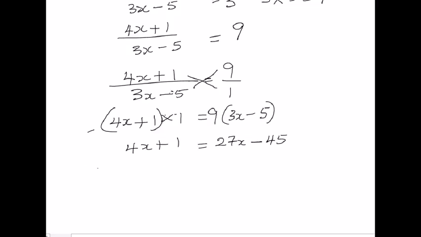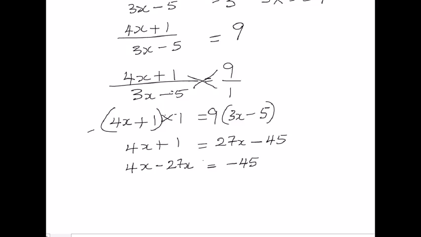Then the next thing is to collect the like terms. We have 4x. This is 27x. It will now cross the equal sign. It's plus here, it will change to minus 27x. Everything equals minus 45. This is 1.